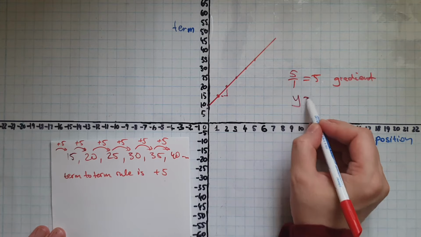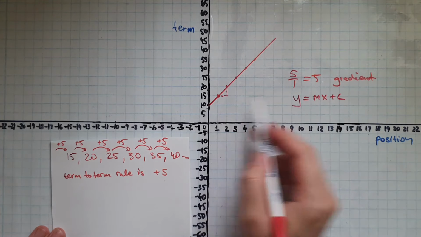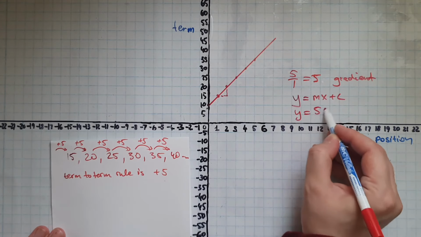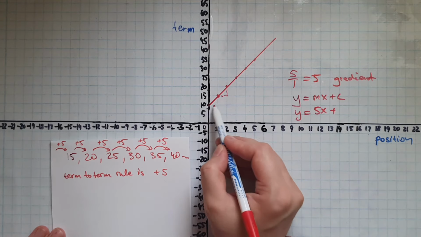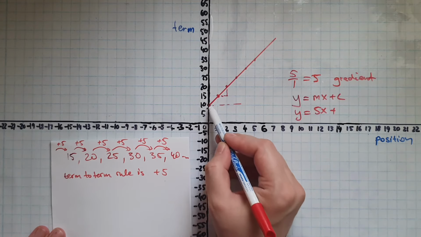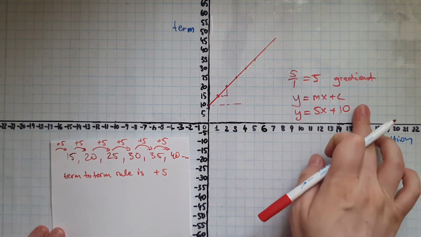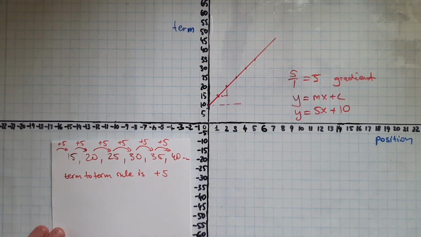And where have we seen that before? We've seen it where it was y equals mx plus c. So the gradient being 5, what is c, that constant value that is the same throughout? That is 10. And that is also the position to term rule of the nth term. 5n plus 10.